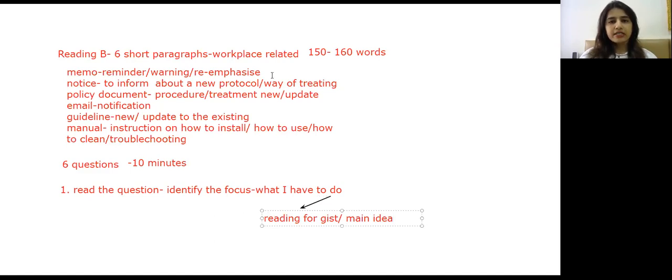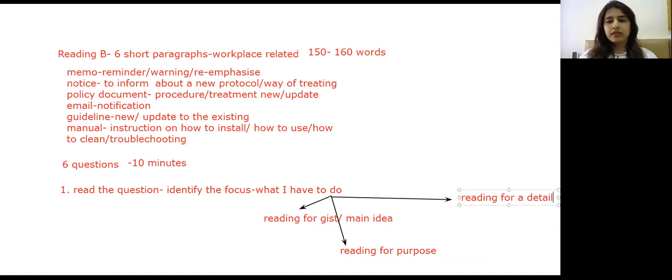The second thing you may have to do is reading for purpose. And the third thing can be reading for detail.